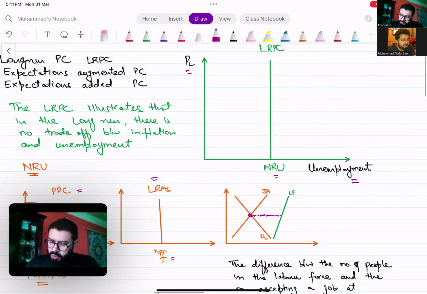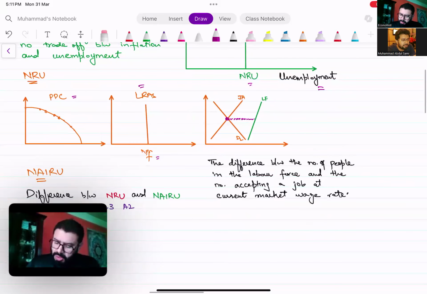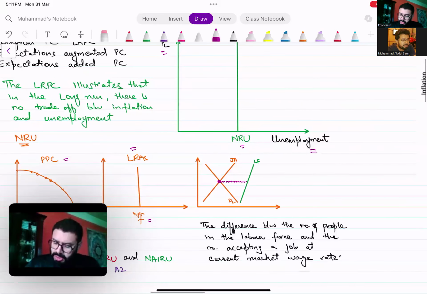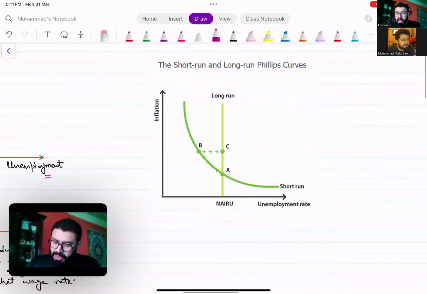Having said that, now let's get back to more of the details of the short-run and long-run Phillips curve together. In the short run, there is a trade-off between the central bank's monetary policy objectives, because unemployment and inflation move in opposite directions in response to changes in interest rates.